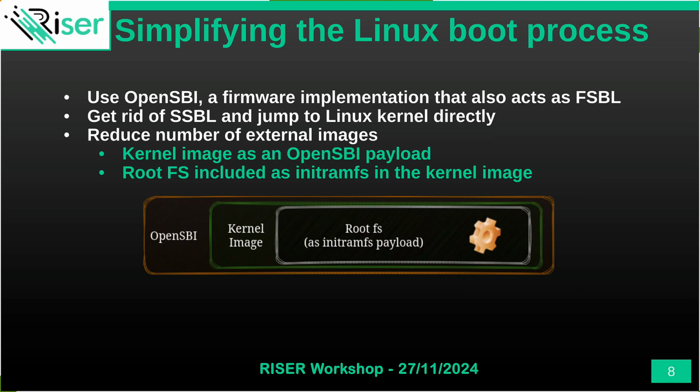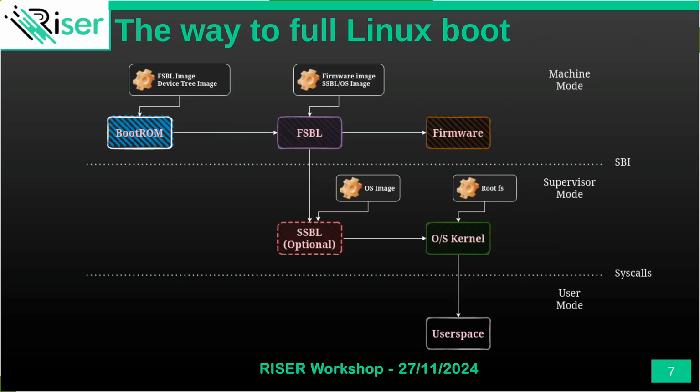The cool thing with OpenSBI is that you can use the kernel as a payload to the binary. You can link the kernel binary inside the binary of the first stage bootloader, which is also the firmware. So you don't have to fetch any other images.